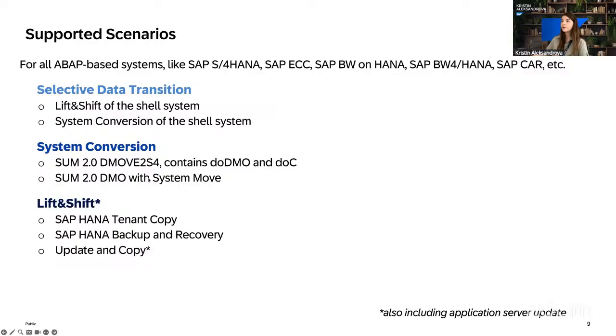So in the case of conversions, there are two approaches which we basically differentiate. One is the D-move to S4, the other is the DMO with system move. The D-move to S4 is basically the downtime optimized solution, which also contains the DO, DMO, and DOC options. We don't do anything specific for DOC.